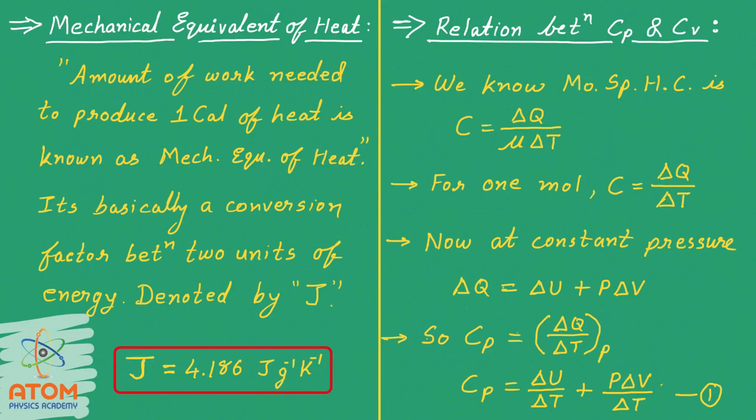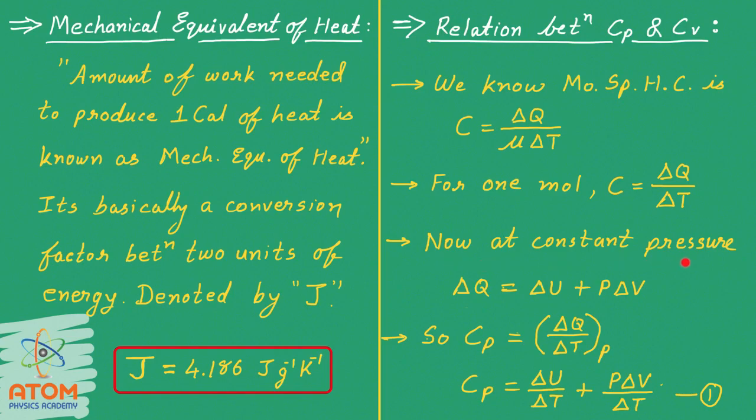Now we know that molar specific heat capacity is given by C equals delta Q upon mu delta T, where delta Q is the heat required, mu is the mole number and delta T is the increase of temperature. When we talk about 1 mole particularly, mu can be taken as 1 and so C will become delta Q upon delta T only. Remember this equation, C equals delta Q upon delta T.